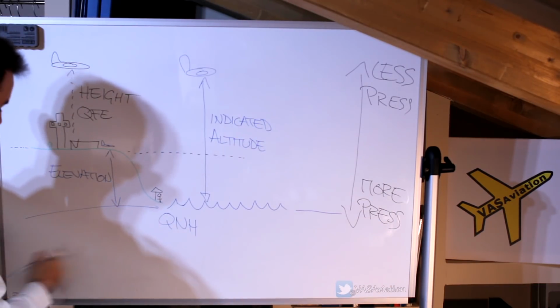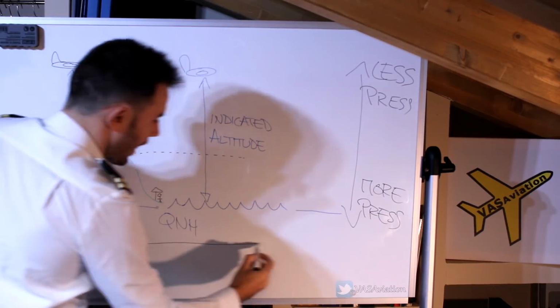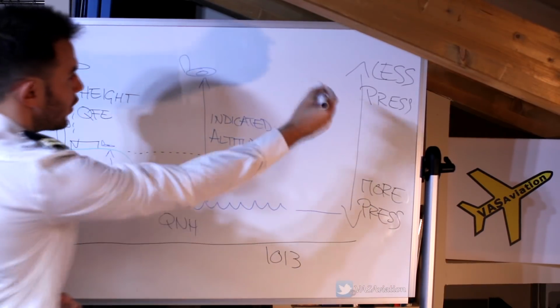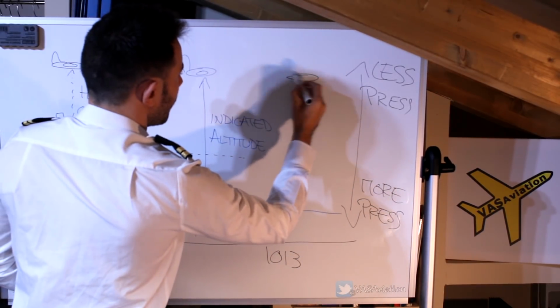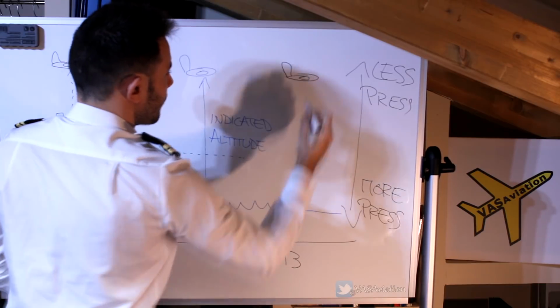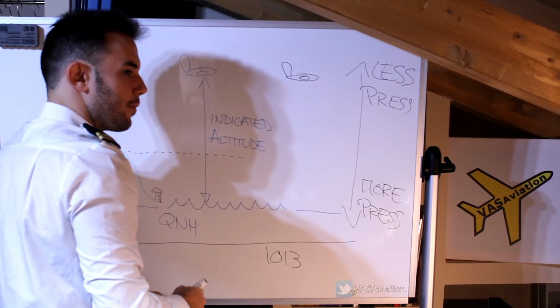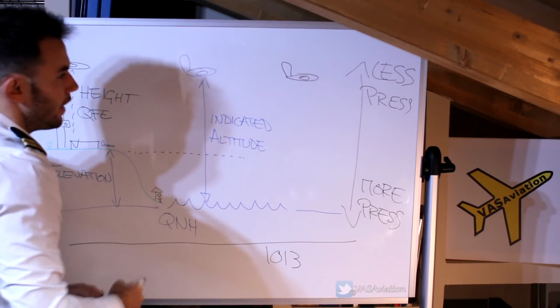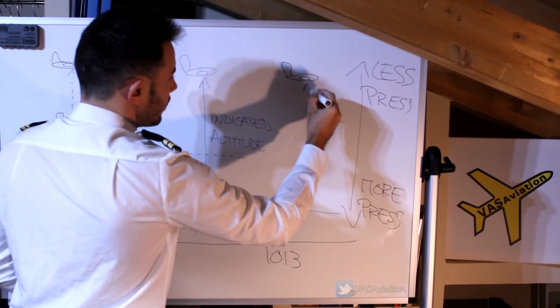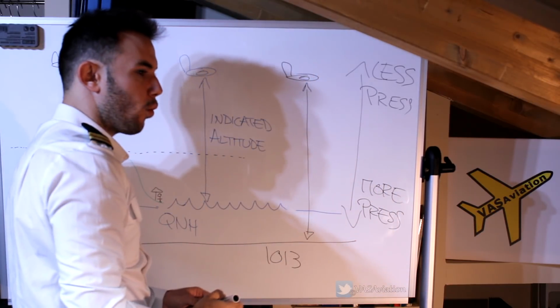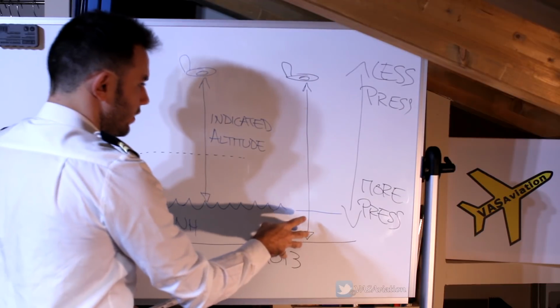Now the QNE measures our level from our aircraft to the 1013 pressure datum, wherever it is. Imagine we have the 1013 isobar running over here. If we are flying here with QNE set on the altimeter, which is 1013, it will measure the difference between our aircraft and the 1013 datum, wherever it is.